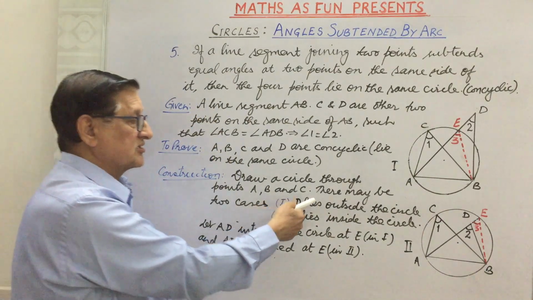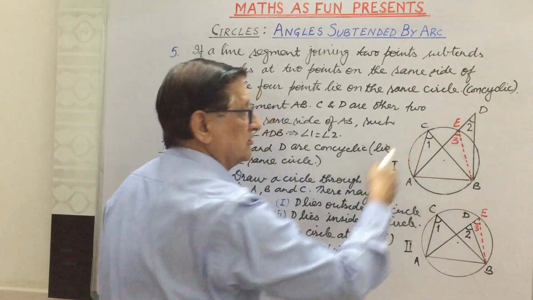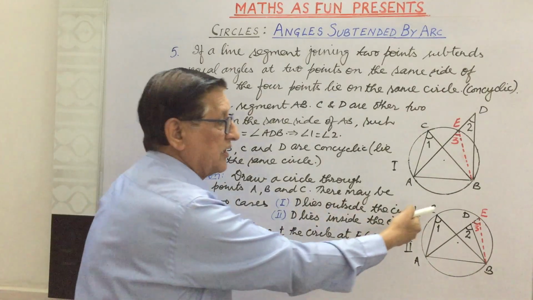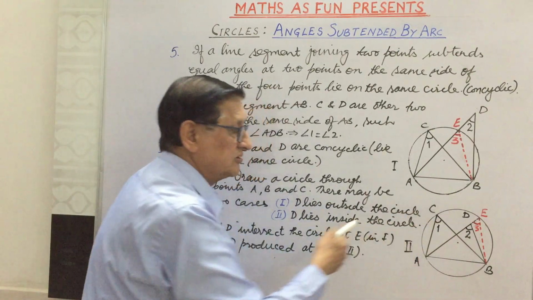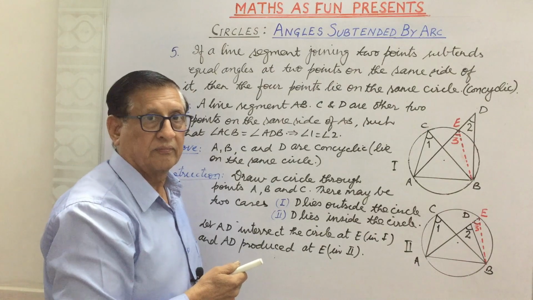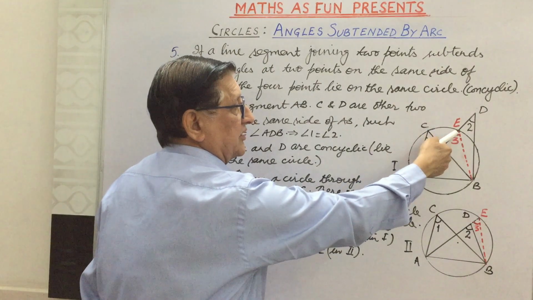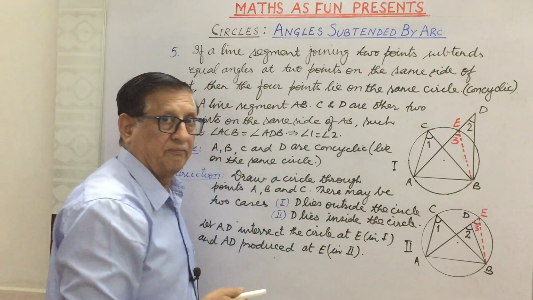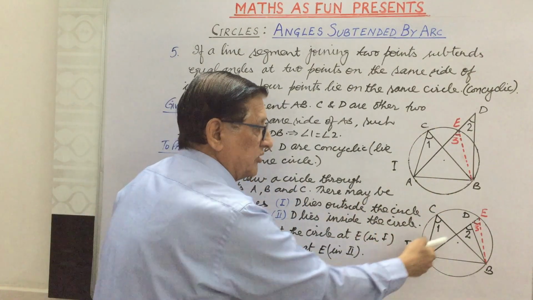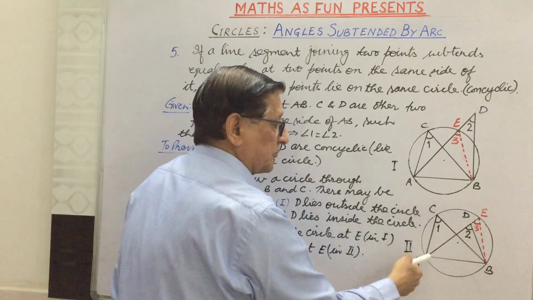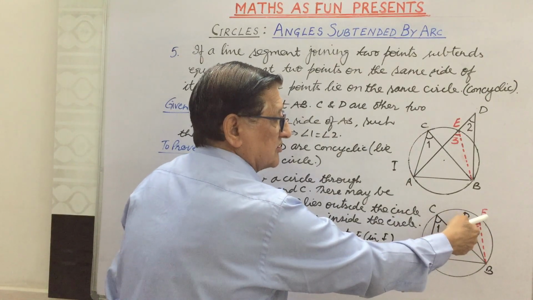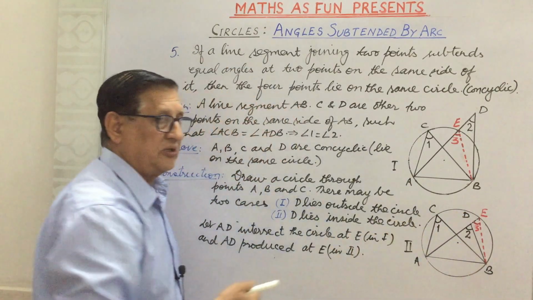The first case is that D lies outside the circle. Second case, it may be that D lies inside the circle. Then what we do? In this case, we produce AD, and suppose produced AD meets the circle at E, then join BE.